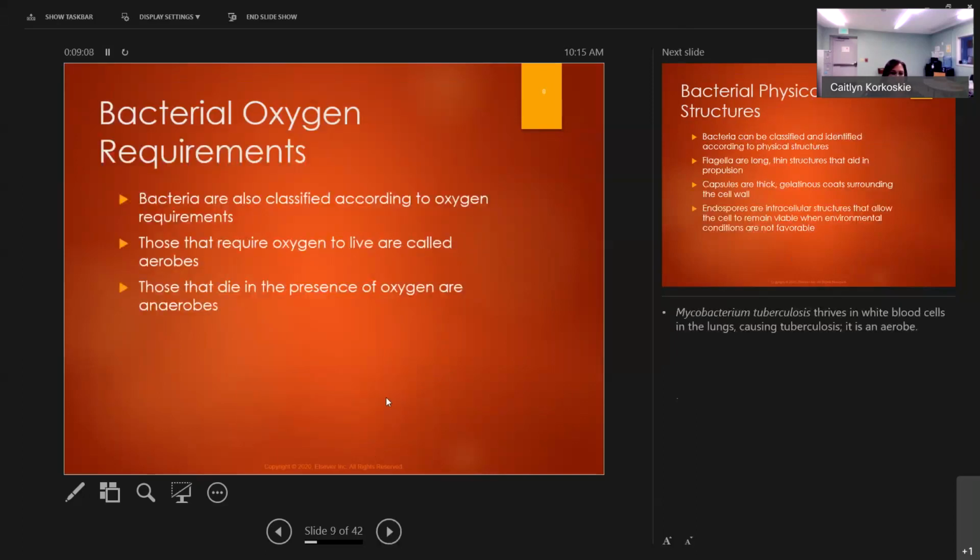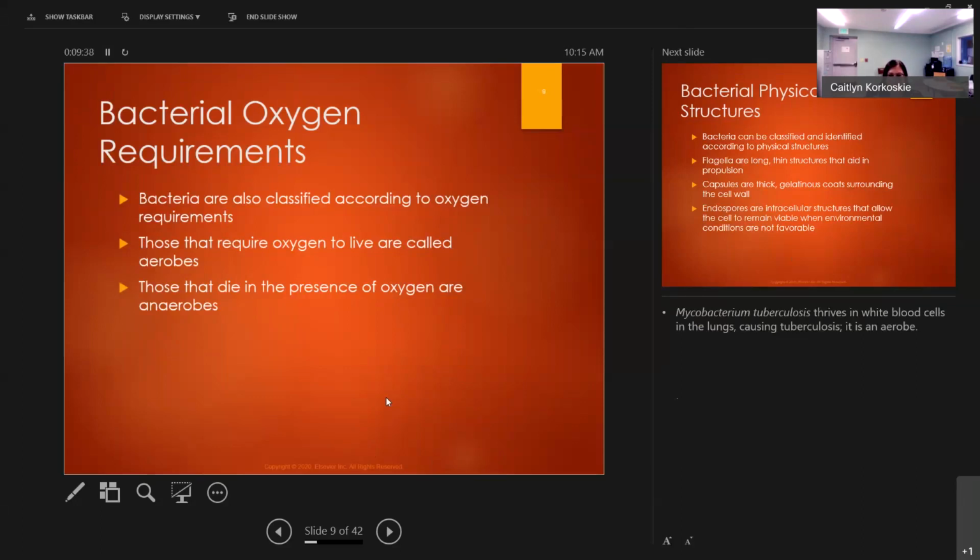Okay, so bacteria and their oxygen requirements. Bacteria are also classified according to their oxygen requirements, so how they thrive and survive with or without oxygen. Those that require oxygen, sorry about that, are called aerobes, and those that die in the presence of oxygen are anaerobes.